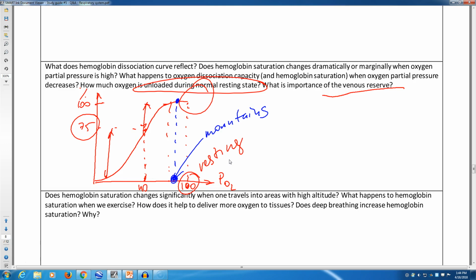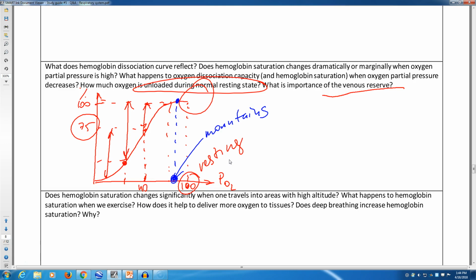It goes down. Why? We use oxygen, right? For exercise. So as it goes down, what happens to unloading? It increases. Excellent.